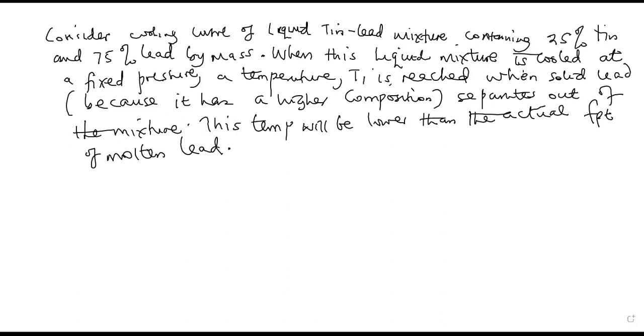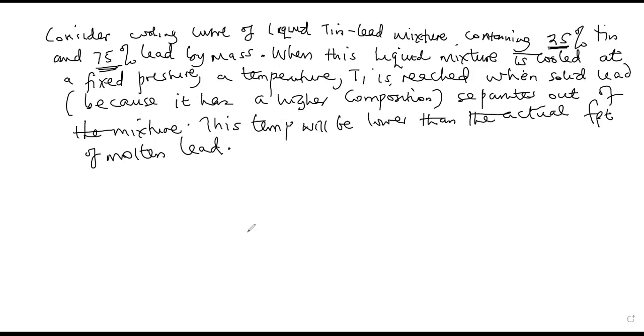If you consider a liquid mixture containing 25% tin and 75% lead by mass, when it is cooled at fixed pressure, we have said that a temperature T1 is reached when solid lead separates out of the mixture. Why? Because it has a higher composition.